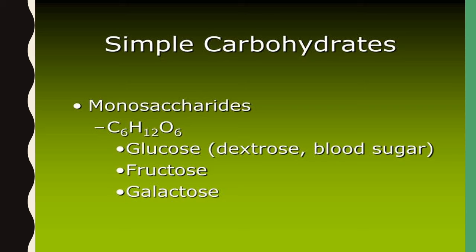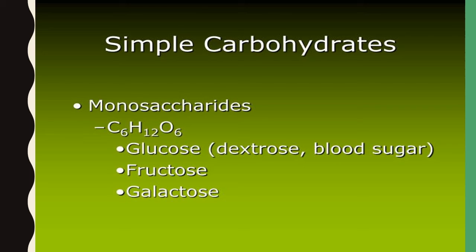Again, the C represents carbon, which is 6 elements of carbon, 12 elements of hydrogen, and 6 elements of oxygen. Examples of simple carbohydrates would be glucose, which is dextrose or your blood sugar, fructose, which is found in fruit, and galactose, which is found in milk.